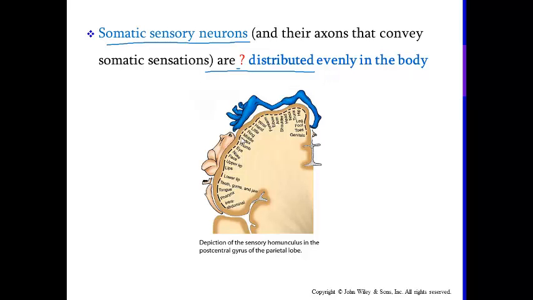Remember, for instance, even though our upper and lower trunk takes up a large portion of the body mass, they don't have a lot of somatosensory neurons compared to regions of your fingers, hands, versus your face, especially your oral regions like the lips. So they are not distributed evenly in the body.